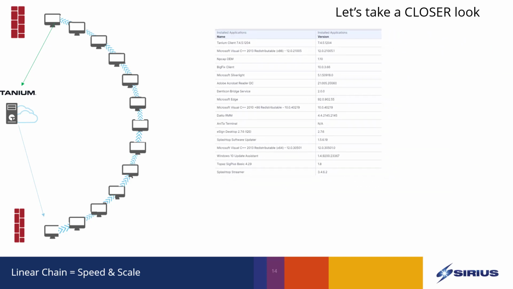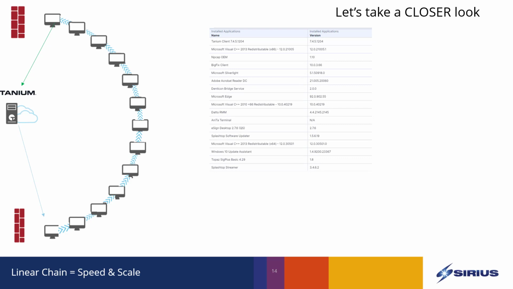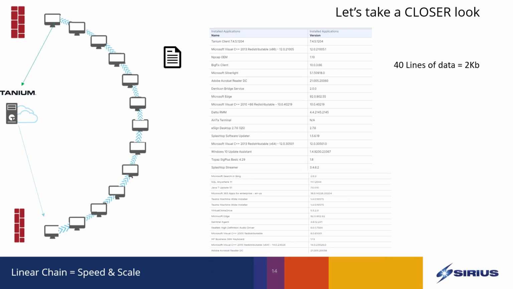Well, if we move forward, really what we're saying is by the time it reaches the end of the chain, we are definitely going to change the size of the file. We're not sending every machine a file of 1K, but the size of this file is certainly going to get bigger.